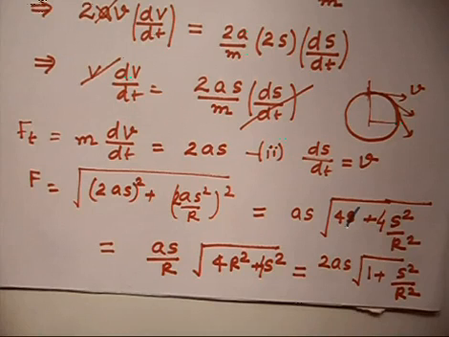The problem says the kinetic energy is as square. Now kinetic energy is given, I can directly find v square, and from v square I can find out the radial force. If I differentiate the kinetic energy, I will find dv by dt, and if I incorporate that dv by dt in m dv by dt, that will give me my tangential force.